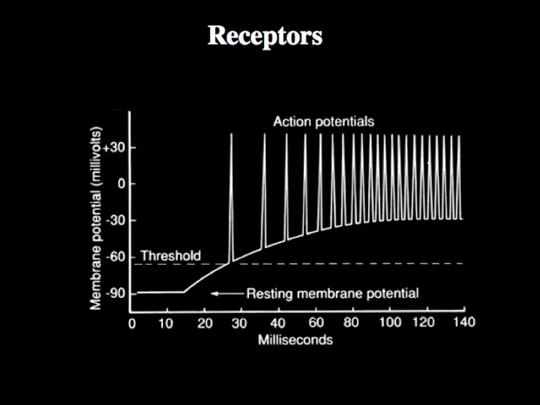So what we've got here is an analog change, which can be delivered by all sorts of physiological mechanisms, which is leading to a frequency change in the action potentials travelling up the sensory nerve.